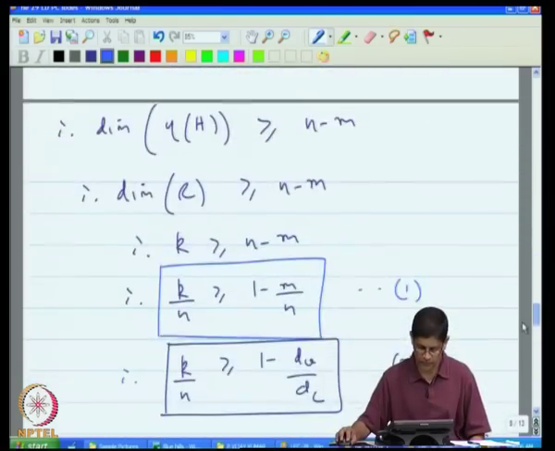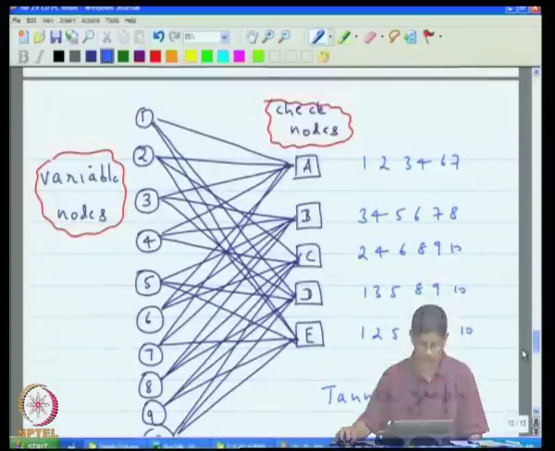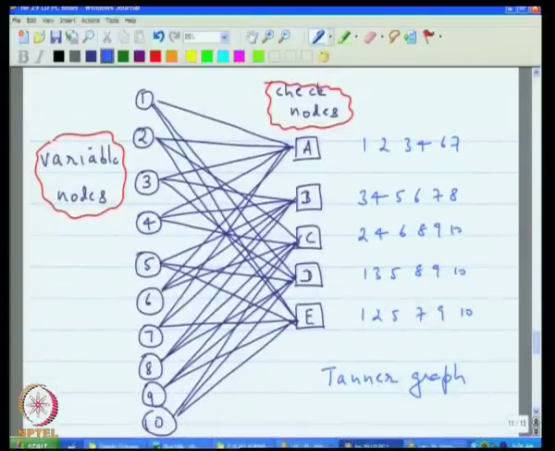So, this Tanner graph has a particular structure that the nodes on the left are connected through links only to nodes on the right, and similarly the nodes on the right are connected through links or edges only to nodes on the left. There are no links between nodes on the left or nodes on the right.